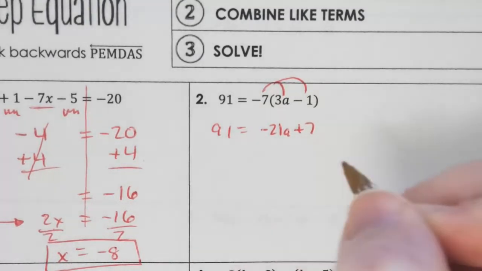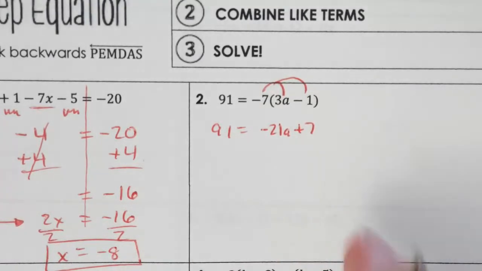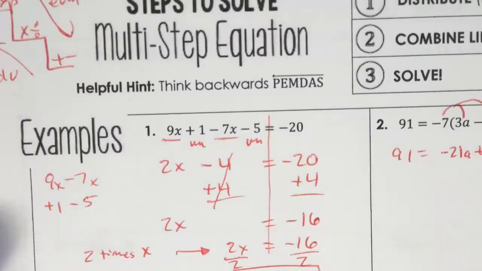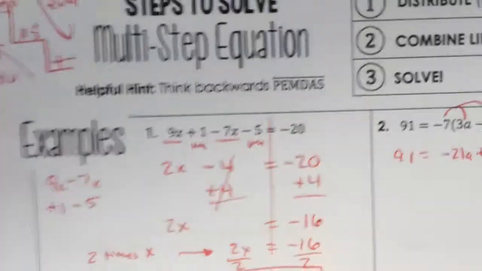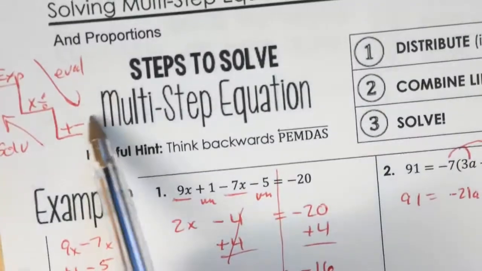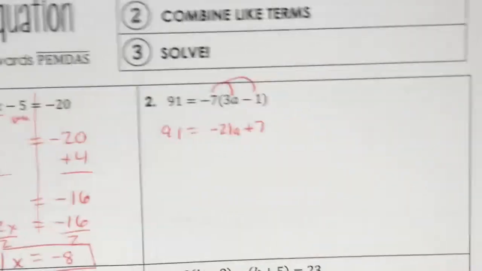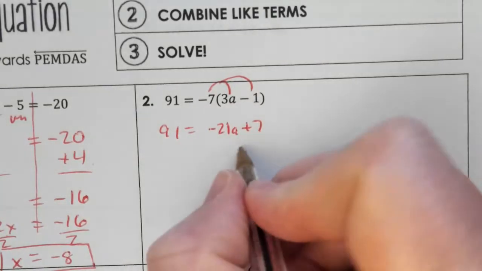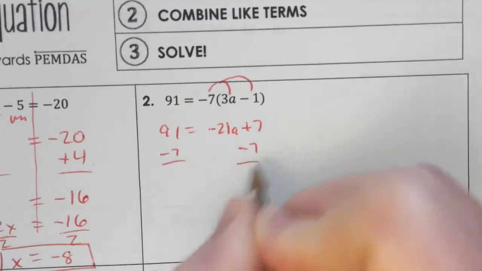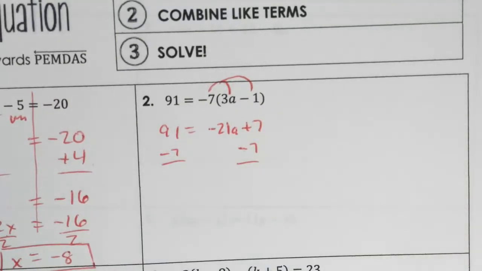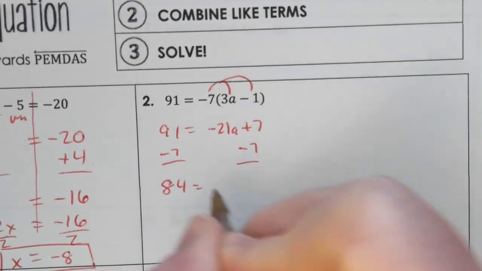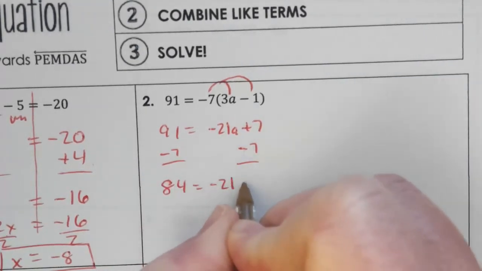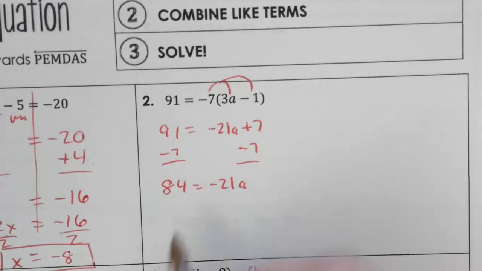Now that all the a's are together, you want to get everything away from the a. Get rid of anything adding or subtracting because we're going backwards. There is a plus 7 over here, so we're going to subtract 7. So 91 minus 7, we get 84 is equal to negative 21a. Now I want to get rid of that negative 21.